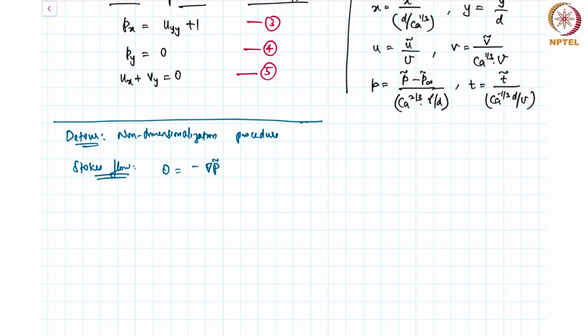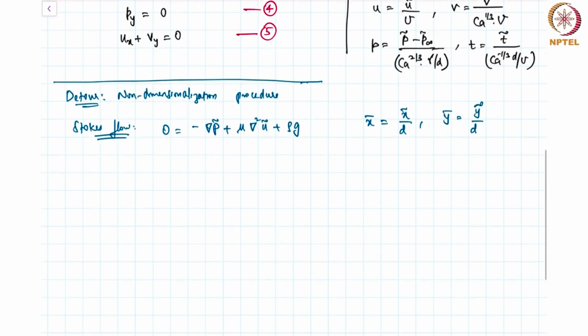minus grad P plus mu del square of U plus rho G is the Stokes flow, right? Now we can actually non-dimensionalize the following. We can just say x bar is just x by d and y bar is y tilde by d.